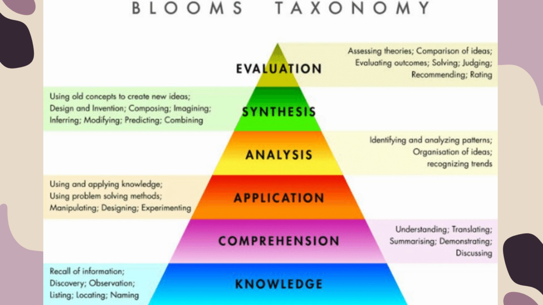Comprehension: understanding, translating, summarizing, demonstrating, discussing is how you comprehend the knowledge acquired. Application: using and applying knowledge through problem solving methods, manipulating, designing, experimenting. This is how you apply the knowledge you acquire.